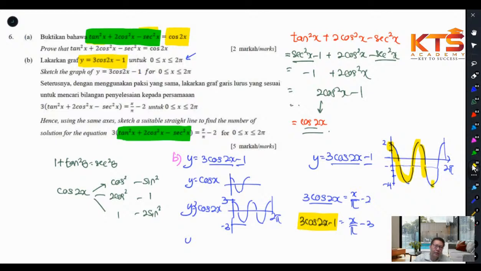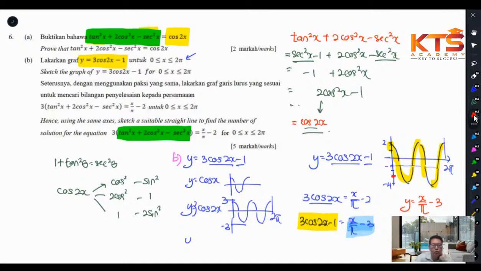And now I am going to get this one. Okay, so how am I going to draw y equals to x over pi minus 3? Okay, so negative 3 here.